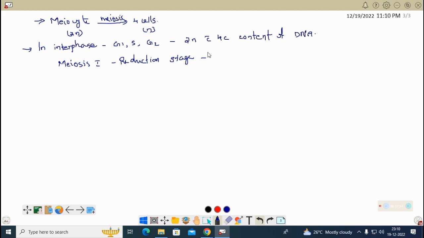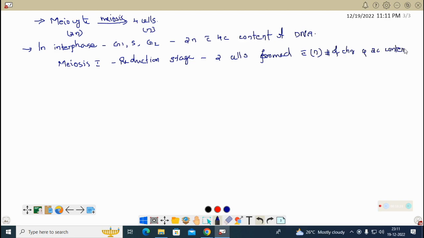So in the meiosis first division, the reduction stage, 2 cells will be formed. The resultant cells will be 2 cells with n number of chromosomes, haploid number of chromosomes, and 2C content of DNA.